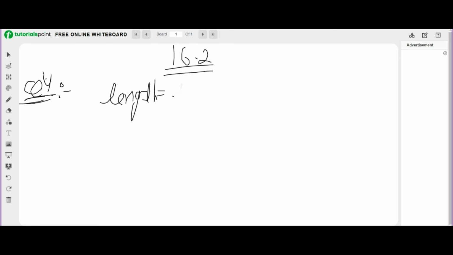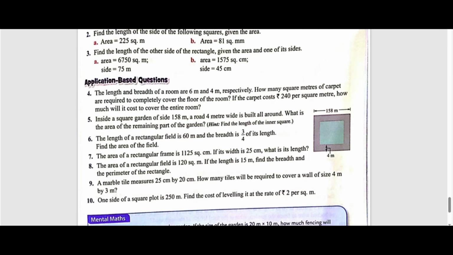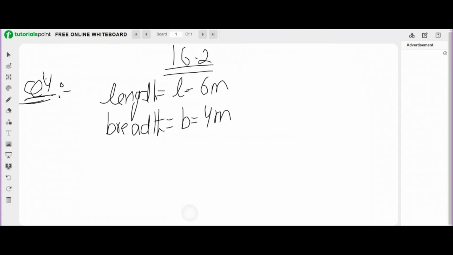Mention each and everything. Length is 6 meters, breadth B is 4 meters. And we have to find how many square meters of carpet are required to completely cover the floor of the room. So we have to find the area.